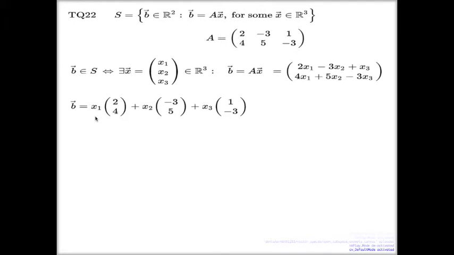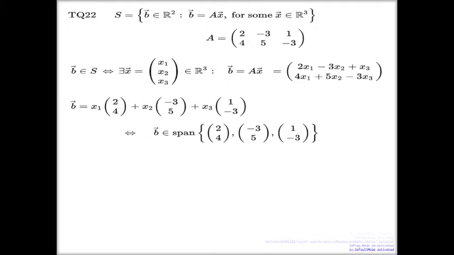And it looks like that my B, which originally was assumed to be in S, is representable as a linear combination of these three given vectors. So I can say now that my B belongs to the span of these three vectors.